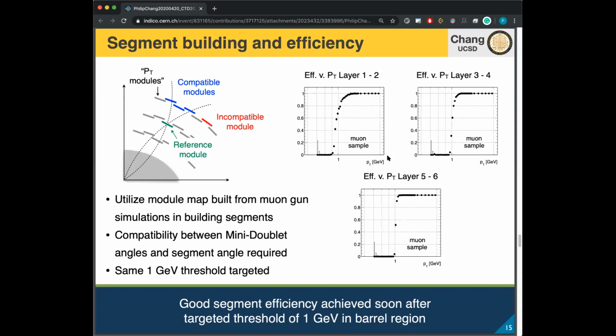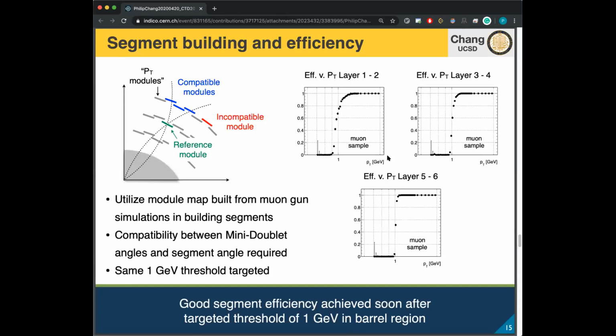Once utilizing these module maps, you connect the 2 mini doublets to form a segment. Each of these mini doublets already has 2 hits, so you can compute angles to ask whether the angles between the mini doublets, and the angles between the segment and the beam spot, are compatible with the 1 GeV threshold.